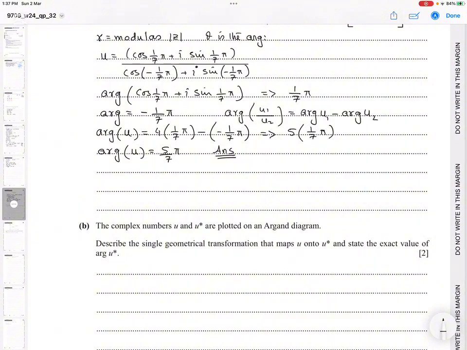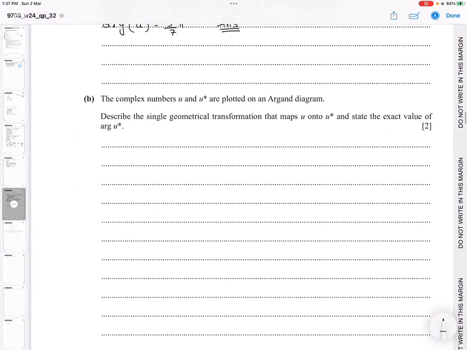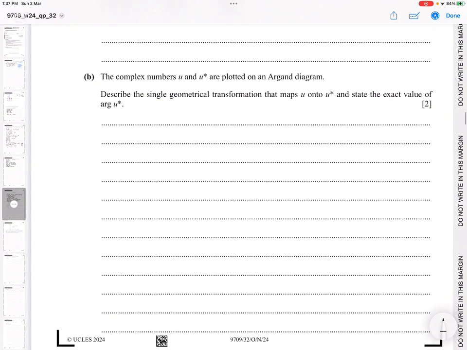Now let's go to part B. Complex numbers u and u star are plotted on an Argand diagram. Describe the single geometrical transformation that maps u onto u star and state the exact value of the argument of u star. The single transformation is a reflection of u onto u star in the x-axis, or we should call it the real axis, because u star is the conjugate of u. You find the complex conjugate simply by changing the sign of the imaginary part.